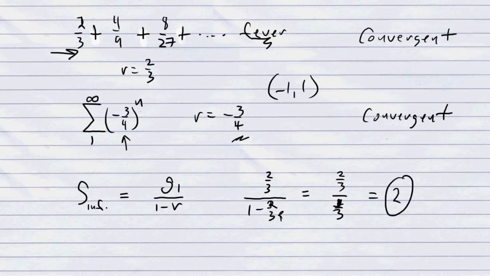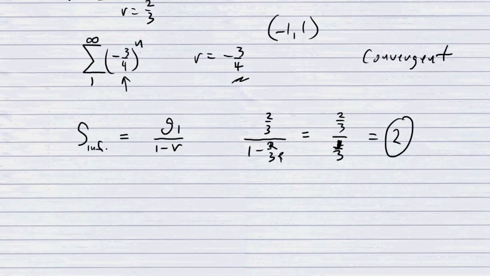And so that series would have a sum of 2. It's not close to 2, it's exactly 2, which is a factoid you would prove in calculus.